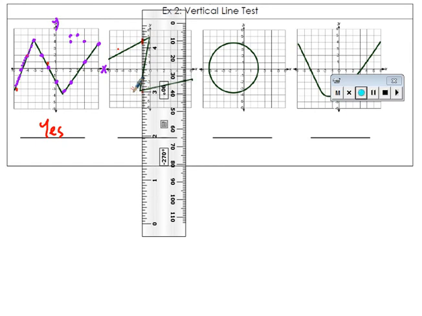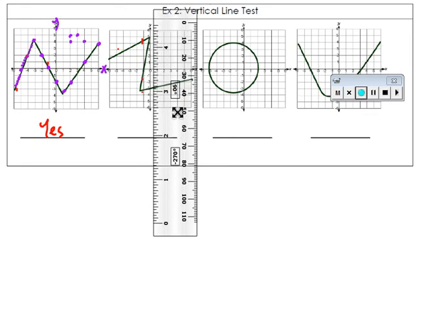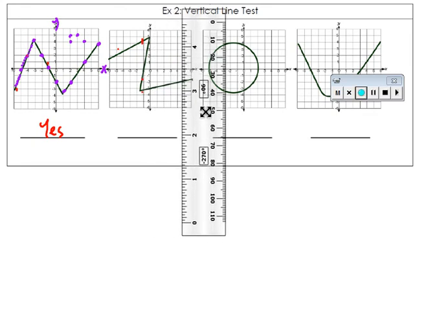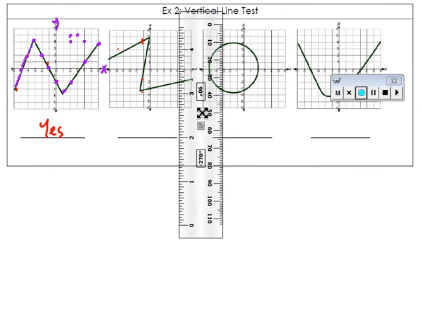As long as it's more than one, it's not a function. It doesn't matter whether the rest of the graph was nice with 1 point; as long as we see at least one area where we have more than one point touching the vertical line, then it's not a function.